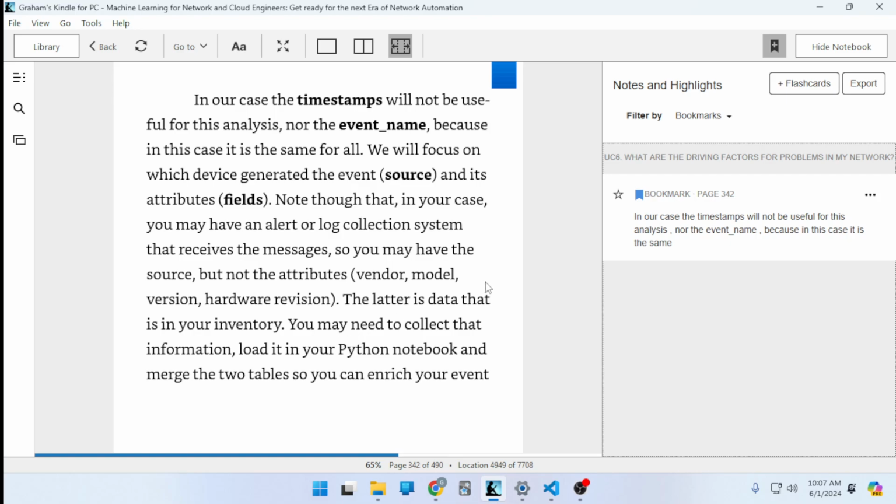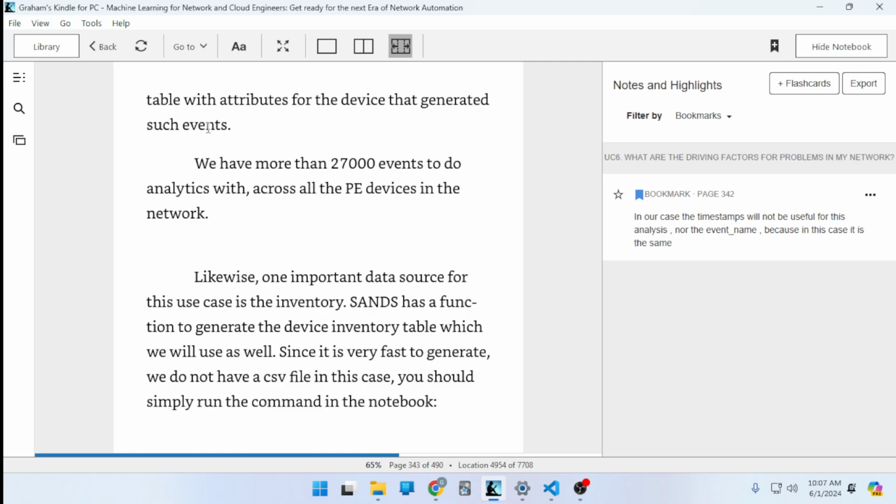The latter is data that is in your inventory. You may need to collect that information, load it in your Python notebook, and merge the two tables so you can enrich your event table with attributes for the device that generated such events.